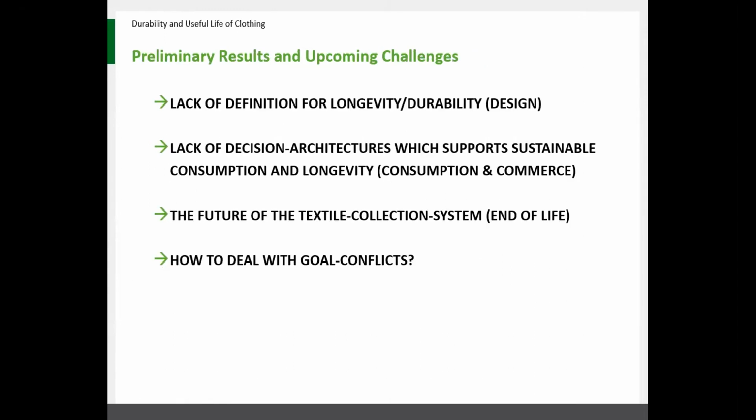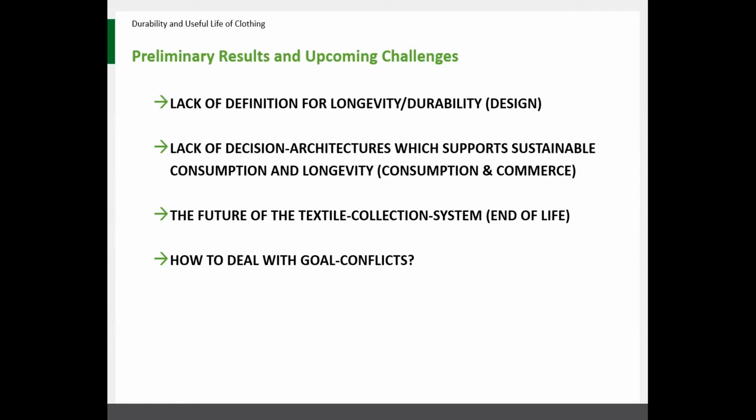So what are our preliminary results and upcoming challenges? At first, the study isn't finished yet. It will be published early next year, hopefully. So these results may not reflect the final results, but I can share some first aspects.